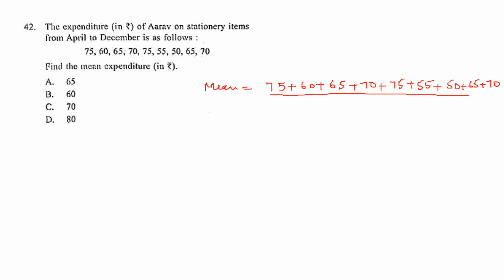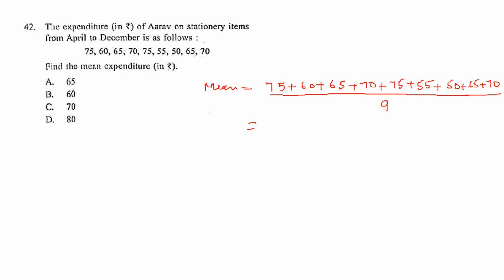So first you have to add all those numbers. So mean will be 75 plus 60 plus 65 plus 70 plus 75 plus 55 plus 50 plus 65 plus 70, and this whole is divided by the number of observations, which is 9.